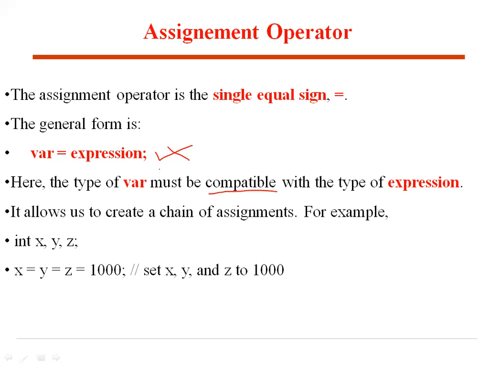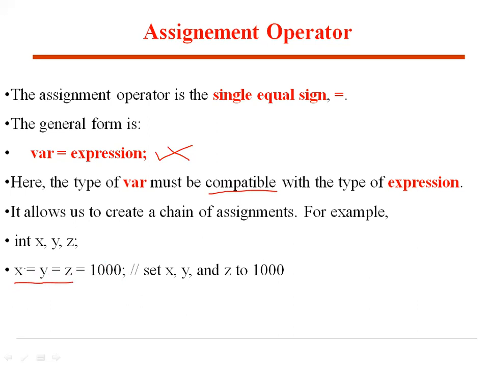Similarly, the assignment operator can be used as a chain of assignments. For example, I have three variables, int x, y, z. I can write in this way: x is equal to y is equal to z is equal to 1000, instead of writing individual statements x is equal to 1000, y is equal to 1000, z is equal to 1000. When you want to store the same value in three variables, you can write a chain of assignments like this. How is it evaluated?